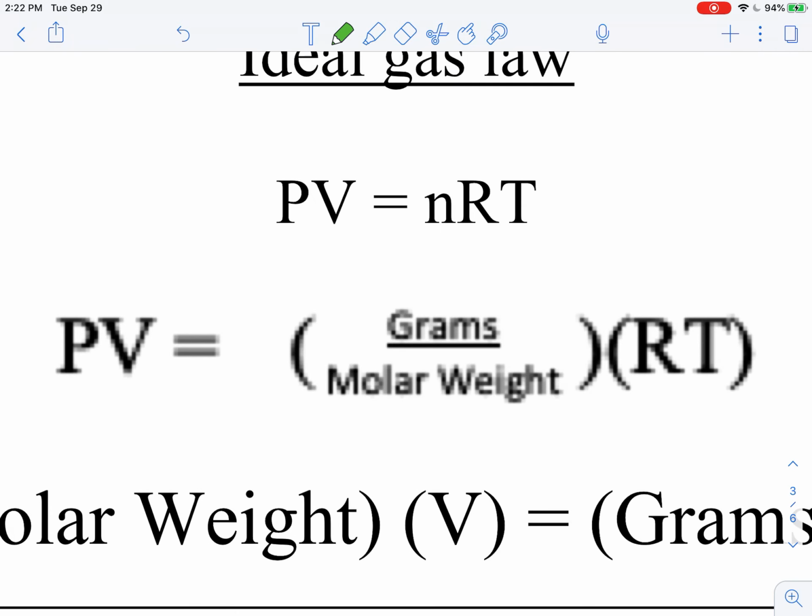So our first trick is to recognize that n, the number of moles, is the mass divided by the molar weight, the molecular weight. So grams divided by the weight from the periodic table tells you the number of moles. I'm just going to do a simple substitution here and take n out of the equation and instead put in grams per molar weight.